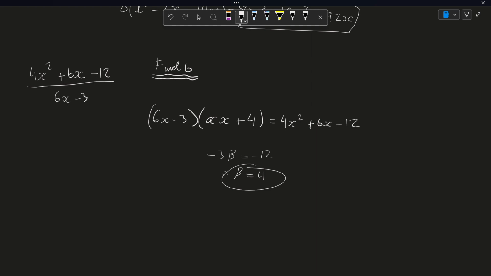We could just use FOIL on this part: 6 times alpha equal to 4, which is something you don't see every day. So we're basically saying alpha equals 2/3.